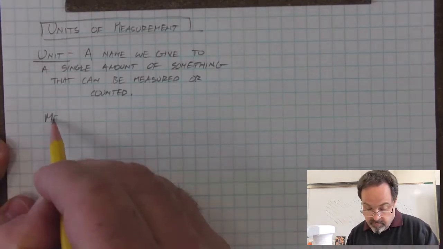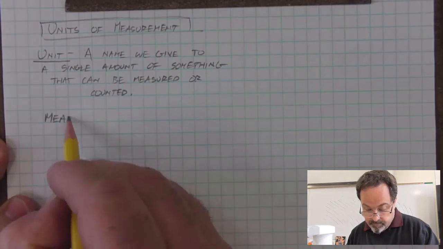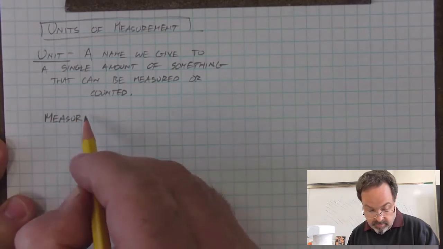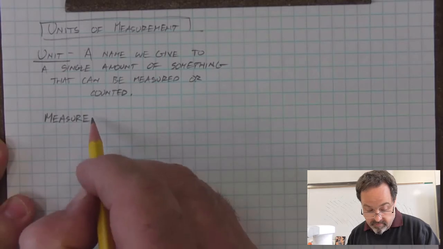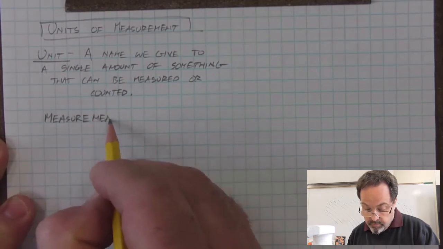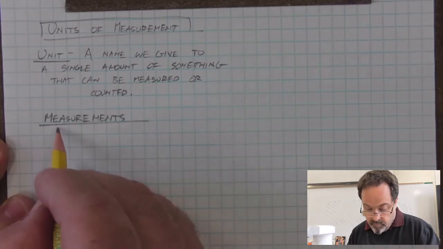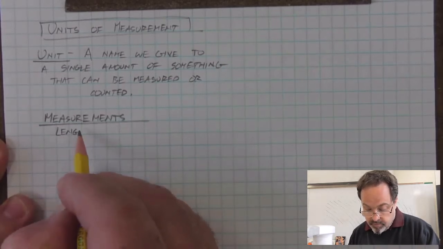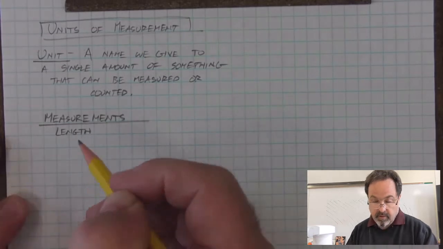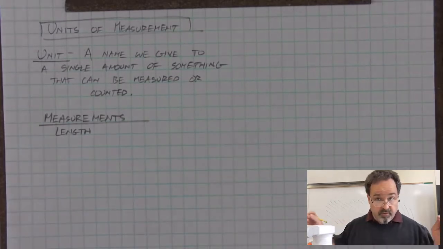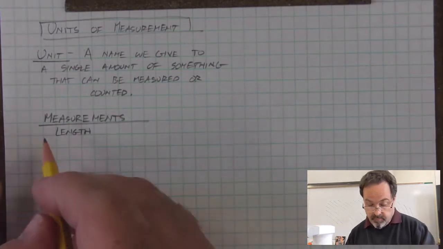We take measurements of the world, and there's many different ways that we can measure the world. For example, we can measure the length or the distance, a one-dimensional distance of an object.